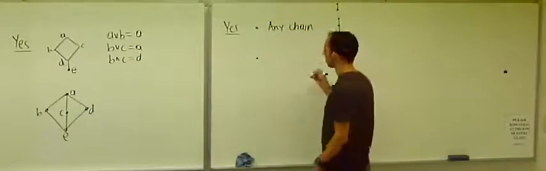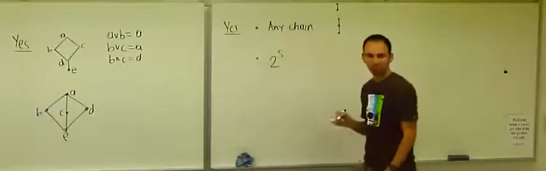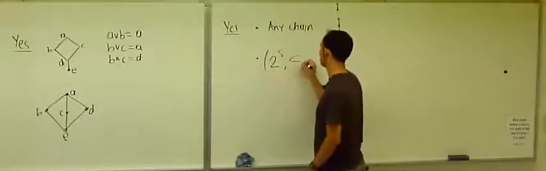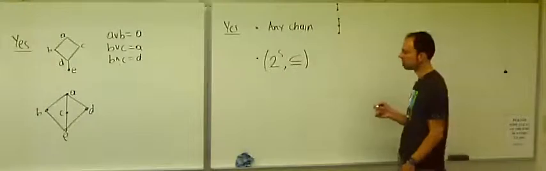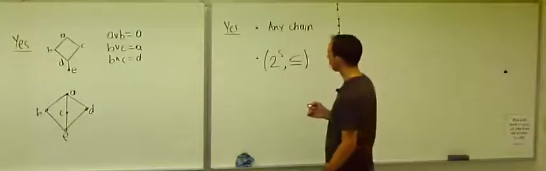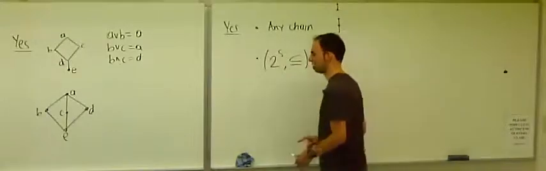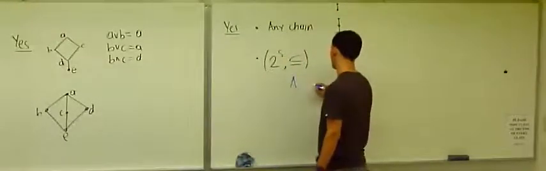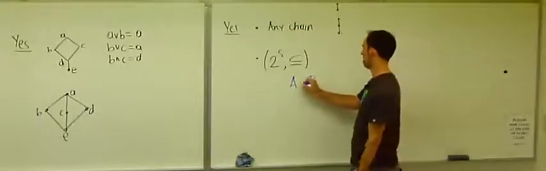A more interesting one is the poset of subsets of a set, and the order is containment. Okay. So if I have two elements of this poset, elements of this poset are subsets of S, and I want to claim that any two sets have a meet and a join.